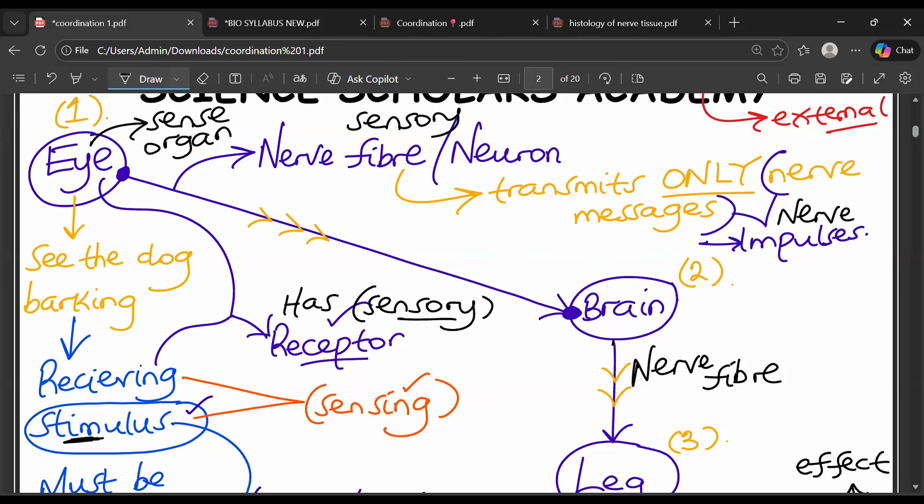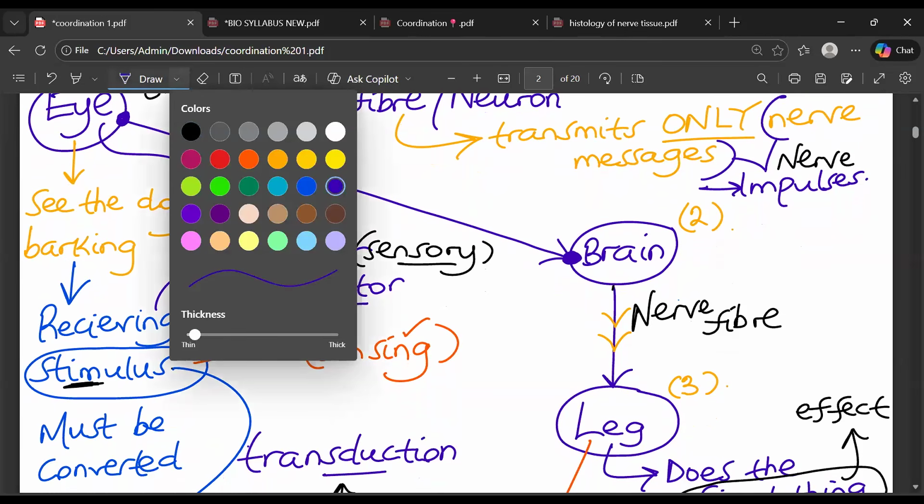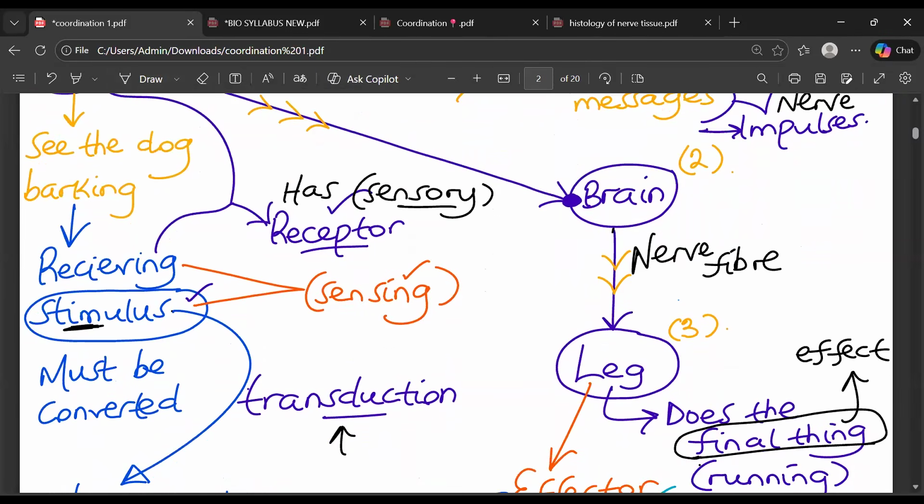Are you following? Okay. Now, the brain. I told you before I go to the brain, this last nerve fiber is connecting to the brain. The brain is doing the final thing, and the final thing is running.